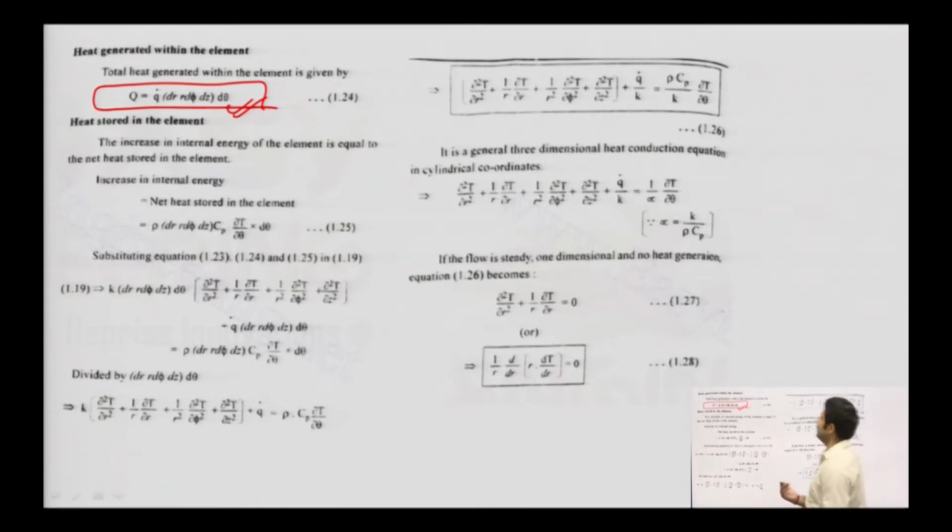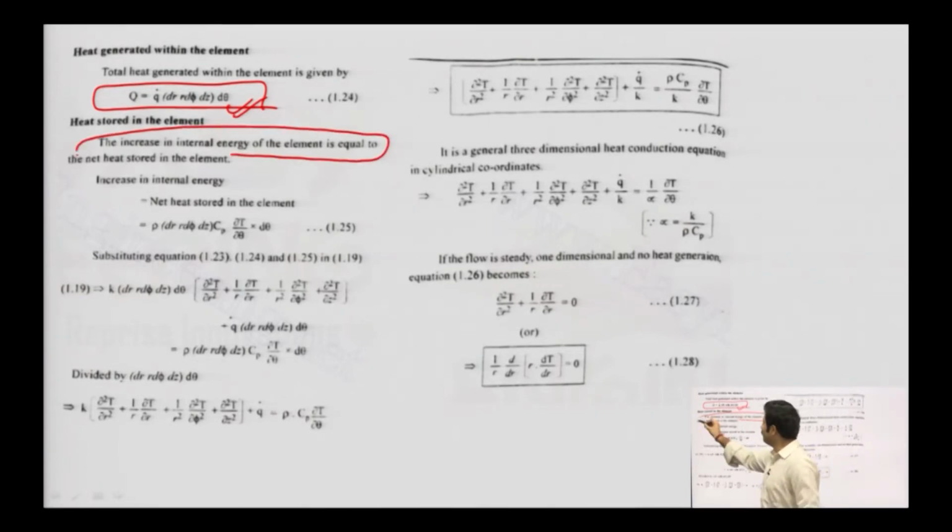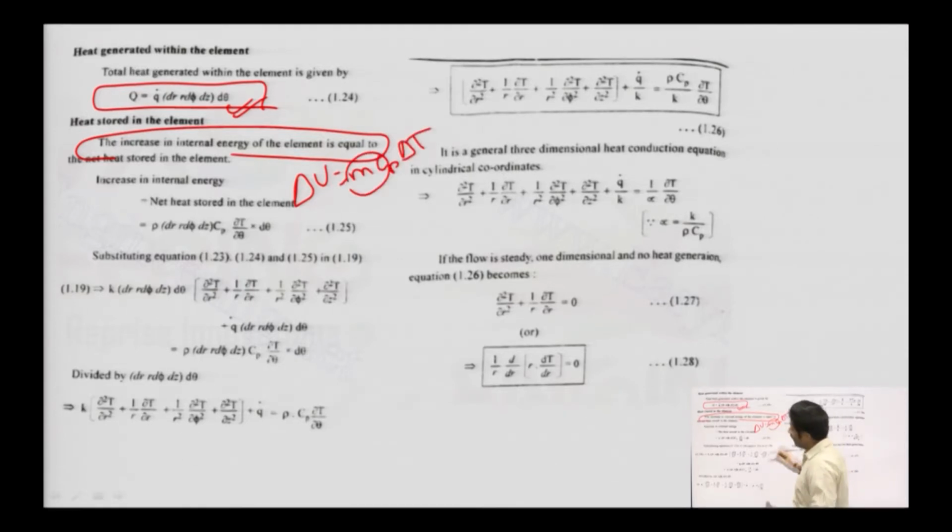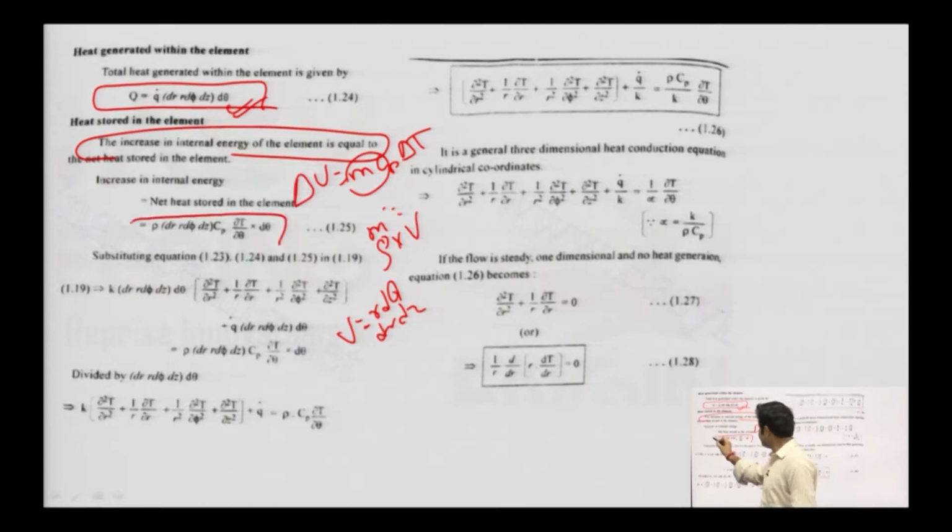So heat stored in the element, the increase in the internal energy, as I have already told you, is delta U, and it is m dot Cp delta T, right? And m dot, as I have already done in my previous slide, is equal to density into volume, and volume here, as we all know, is R d phi dr dz. Cp is the specific heat.